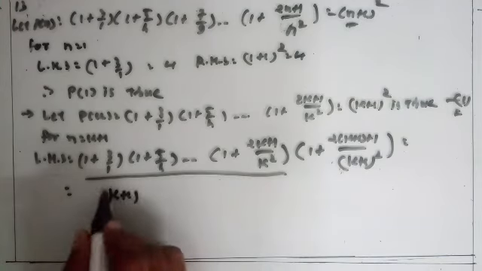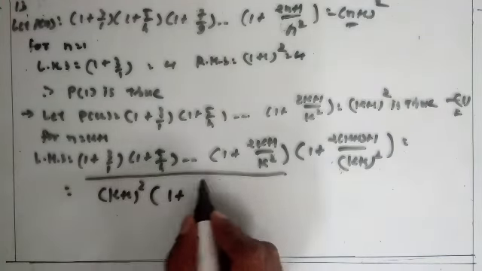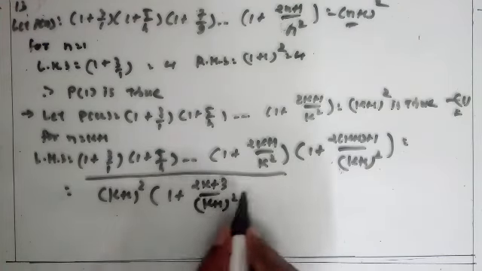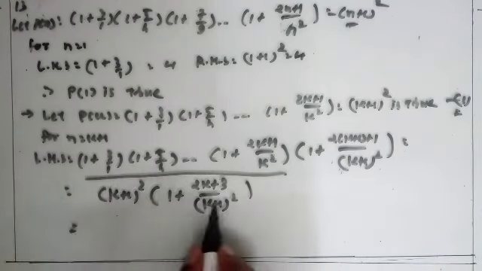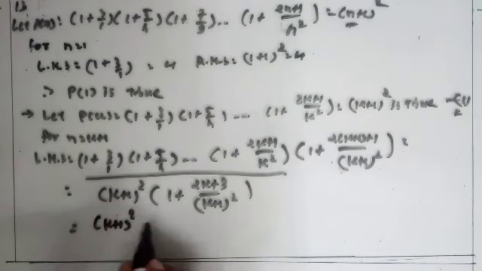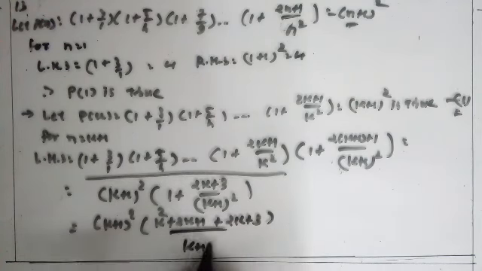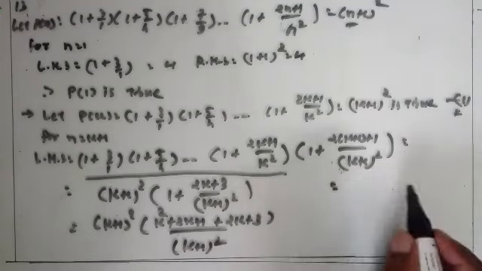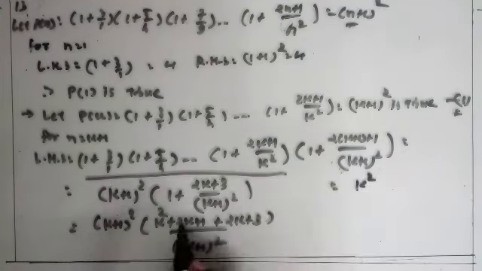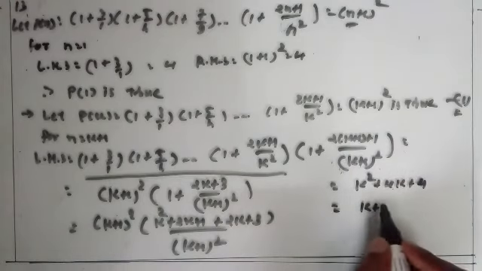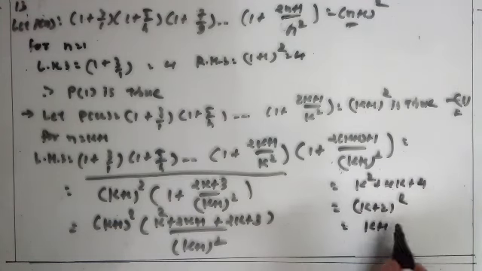So by result 1, (k+1)² into (1 + (2k+2+1)/(k+1)²), that is 3 upon (k+1)². Clear? Now simplify this, take LCM: (k+1)² into... that is (k² + 2k + 1 + 2k + 3)/(k+1)². Here we get k², 2k + 2k becomes 4k, 3 + 1 becomes 4. So it is equal to (k+2)²/(k+1)²... which is the RHS.